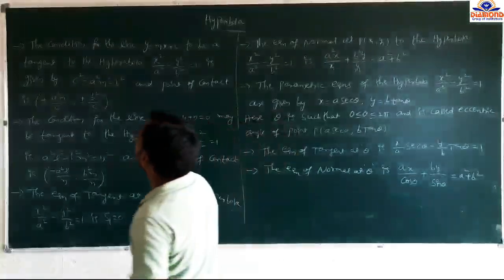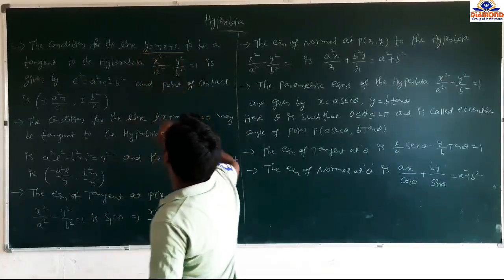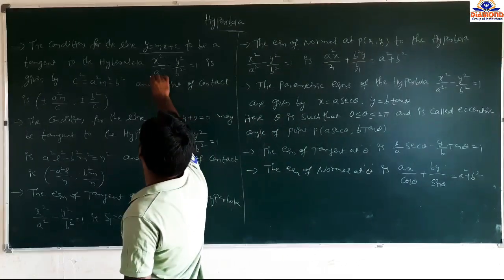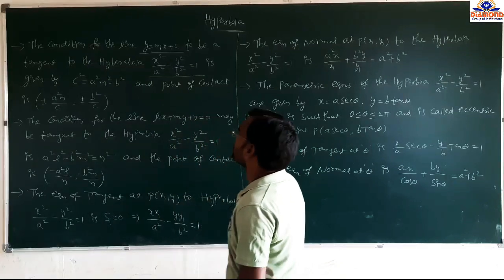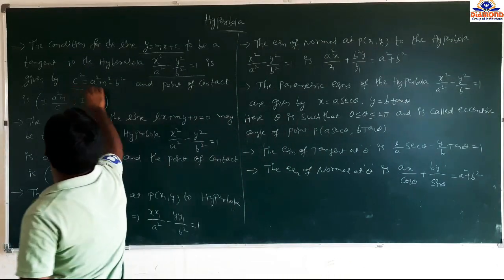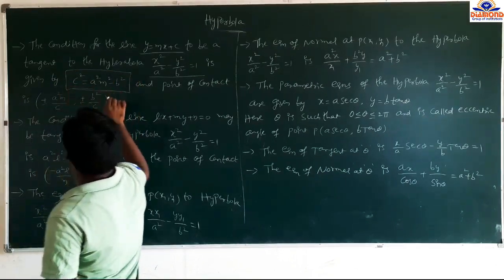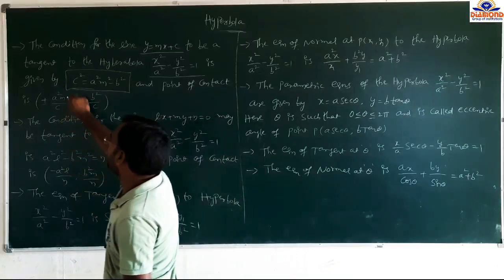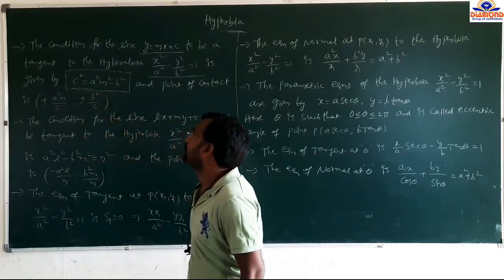Next, the condition for the line y equal to mx plus c to be a tangent to the hyperbola x square by a square minus y square by b square equal to 1 is c square equal to a square m square minus b square, and the point of contact is a square m by c comma b square by c.